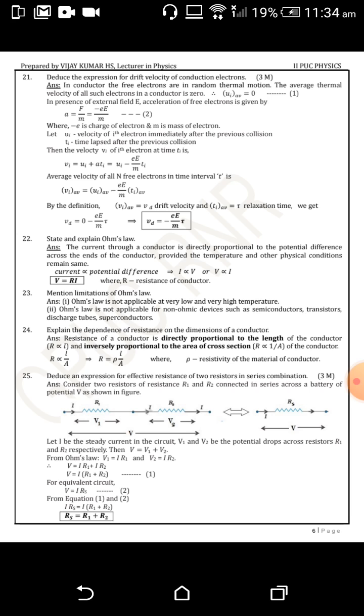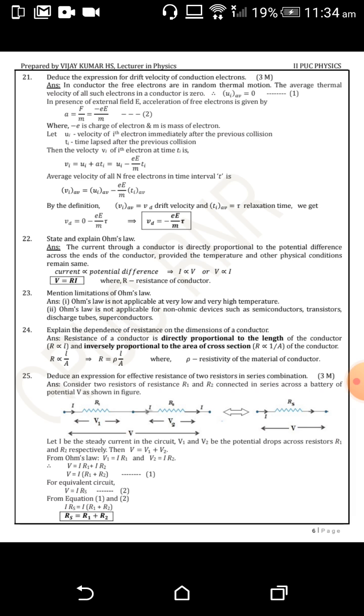The next is to explain the dependence of resistance on the dimensions of a conductor, that is, on what factors this resistance depends. The resistance of a conductor directly depends upon the length of the conductor, that is, R is directly proportional to small l.